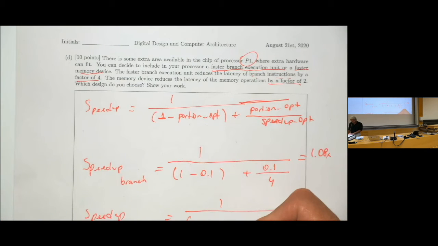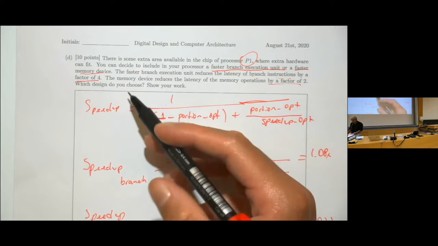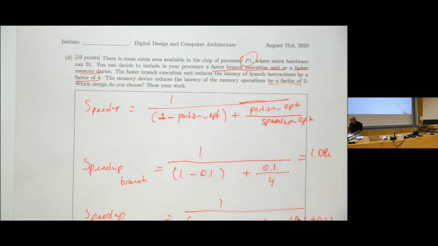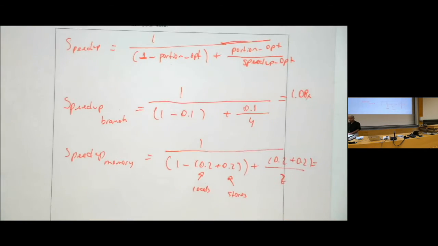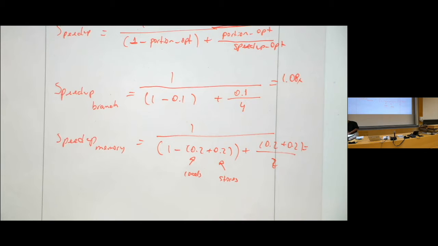So this is 0.2 plus 0.2, the first for the loads and the second for the stores, plus the portion that you are optimizing, 0.2 plus 0.2, divided by how much you're optimizing that portion, a factor of 2. And this is equal to, sorry, let me see here, 1.25.